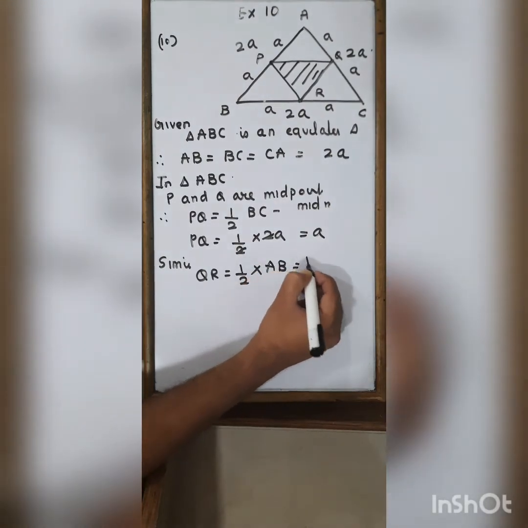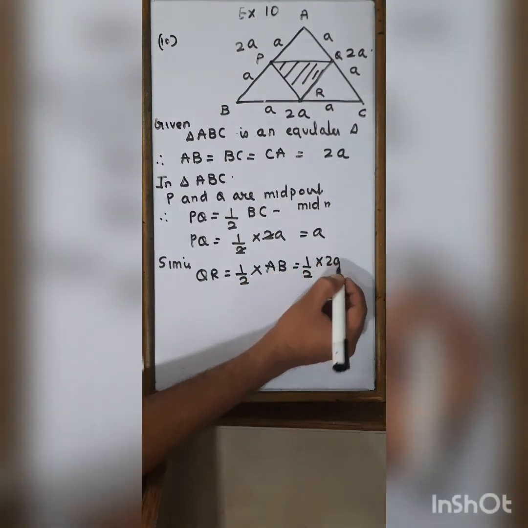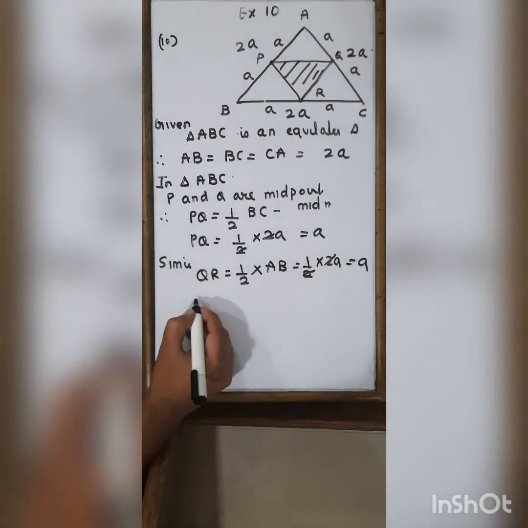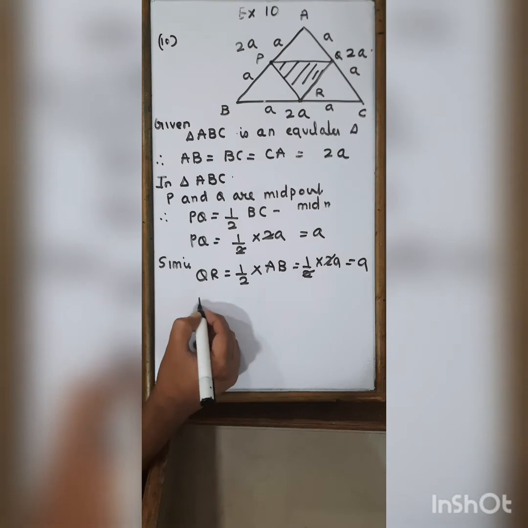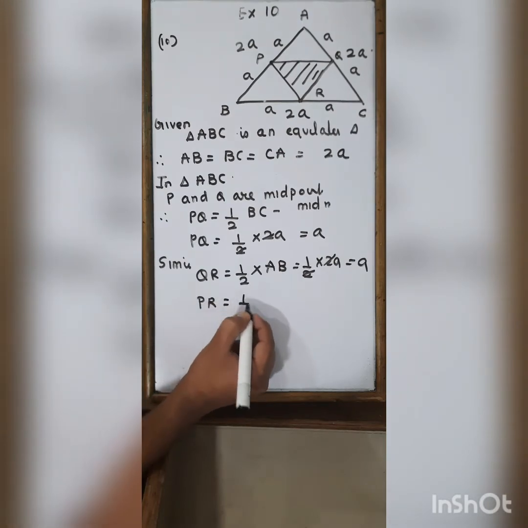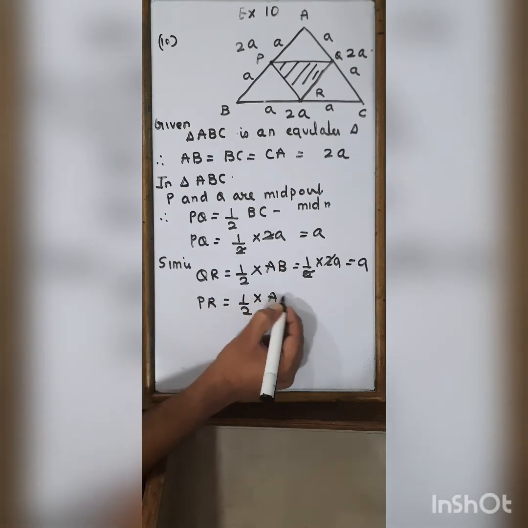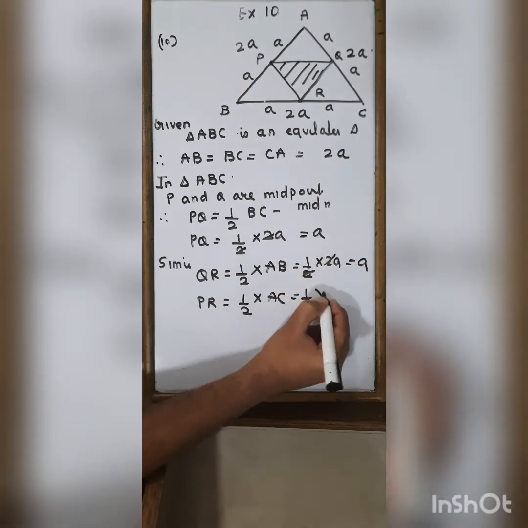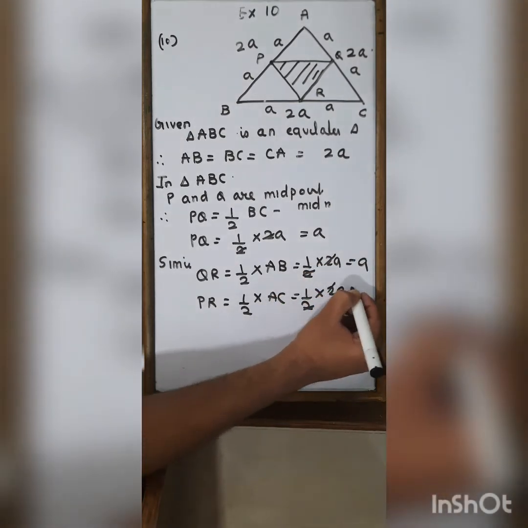So this is equal to half into again 2A. 2 cut, answer is A. And similarly, you will say PR is half of AC. Again, it is midpoint theorem. So this is equal to half into 2A. So 2 cut, this is also A.